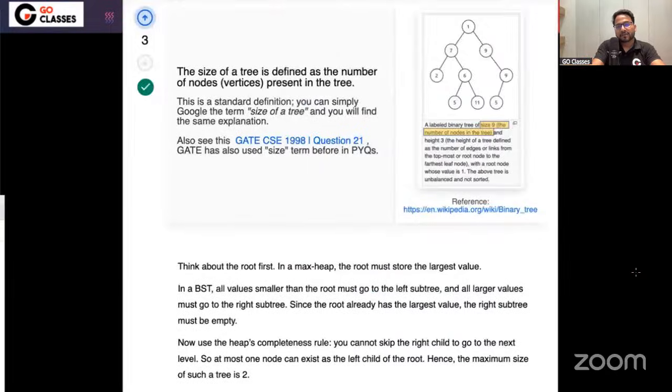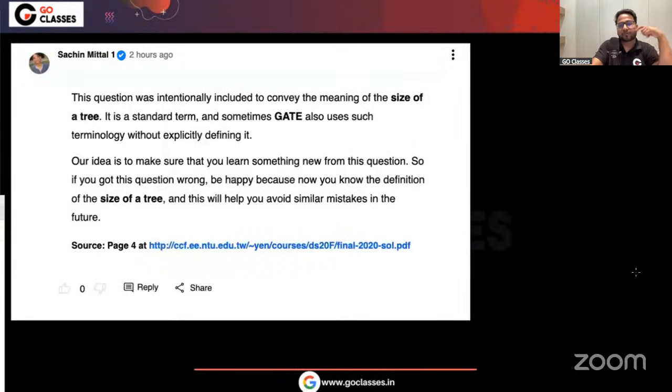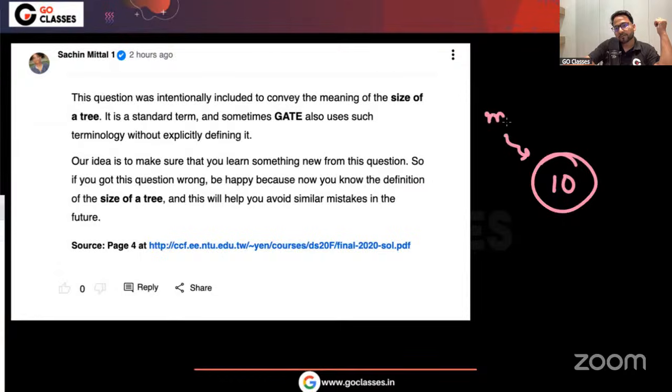So basically, I'm just asking the maximum number of nodes that a heap can have. Suppose there is some number 10. Since it is a maximum heap, it should be the maximum number, and below it should be lower numbers. But in the binary search tree, on the left it is lower, let's suppose 5, and on the right it should be greater than 10.